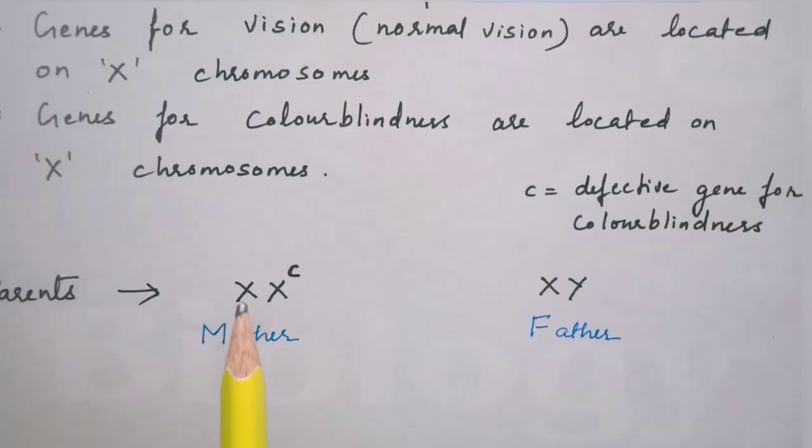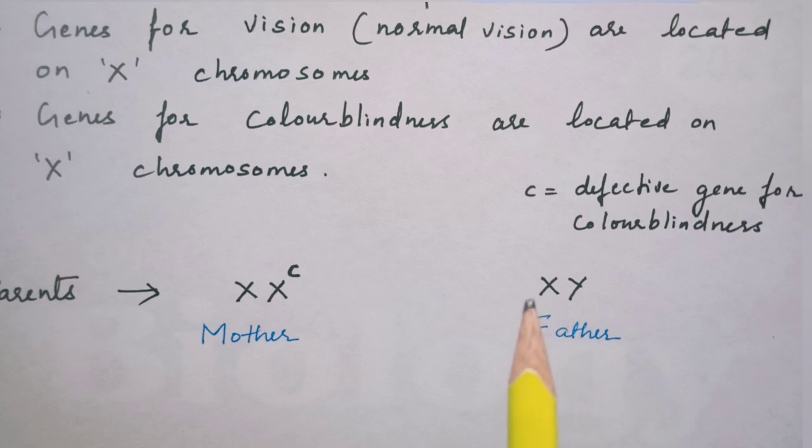One X chromosome of the mother has the normal gene for vision. This normal gene is dominant and it is not written with any alphabet, only the simple X chromosome over here represents the gene for normal vision, whereas the other X of the mother is carrying a small c over here. This small c represents the defective gene for color blindness.